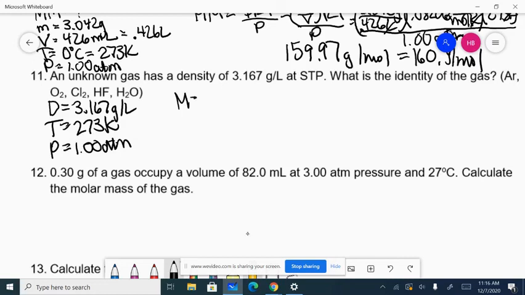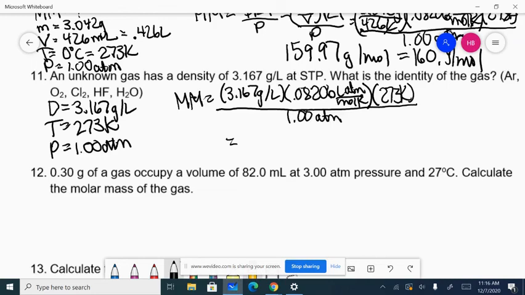So the molar mass is equal to 3.167 grams per liter times RT over P. When you calculate that all out, you get 70.9 grams per mole. Now I have to compare them to the possibilities for the unknowns. So you're going to look on the periodic table of the elements, and you're going to find the gases and add up their molar masses and see which one makes sense.